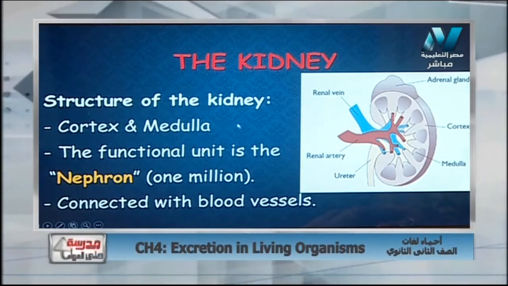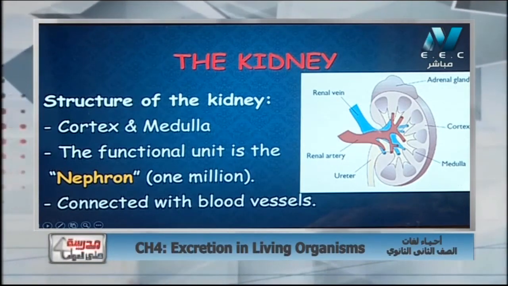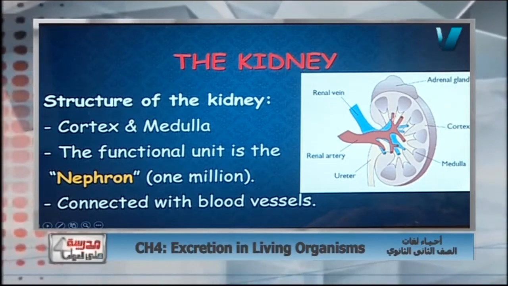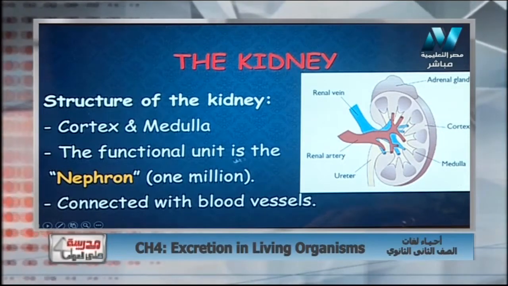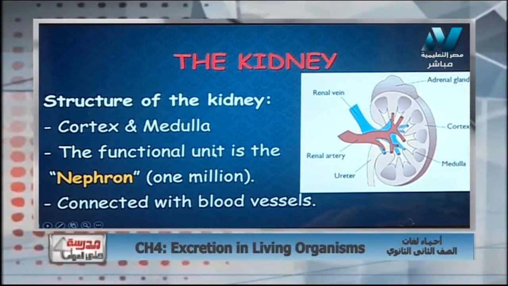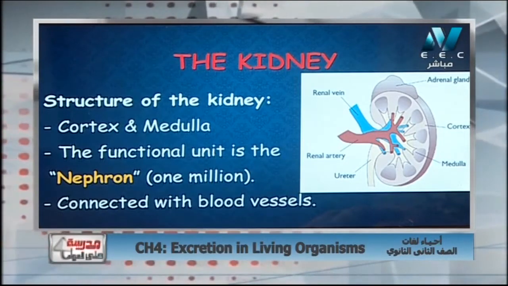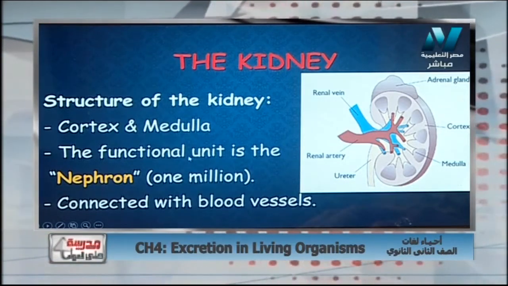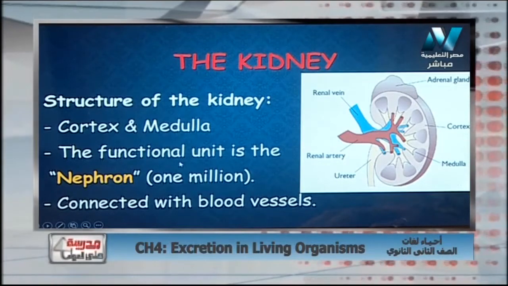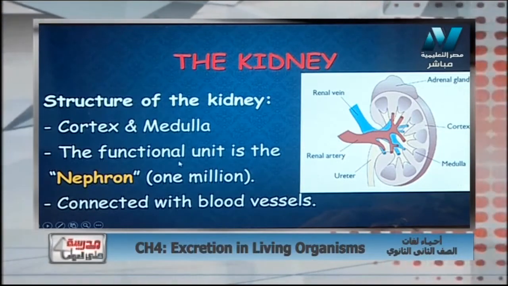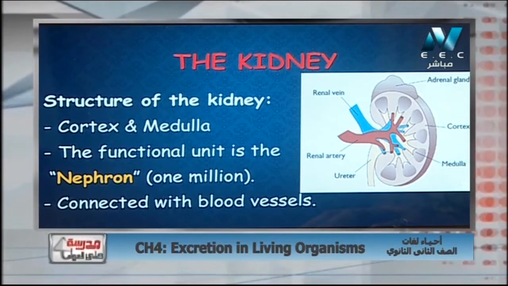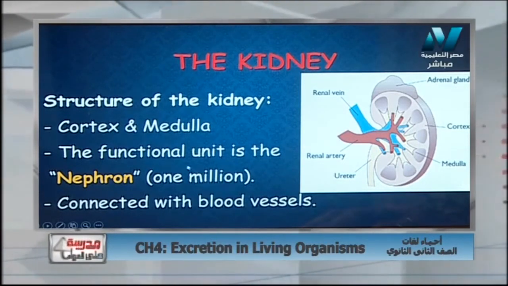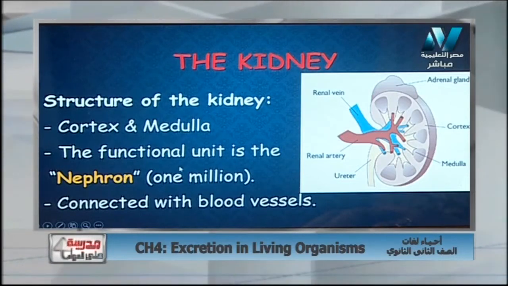Moreover, we can remove part of the kidney and live with a quarter of the kidney volume, because the other nephrons that remain in the part of this kidney can carry out the function of the other nephrons. This is because the nephrons are similar in structure and in function.